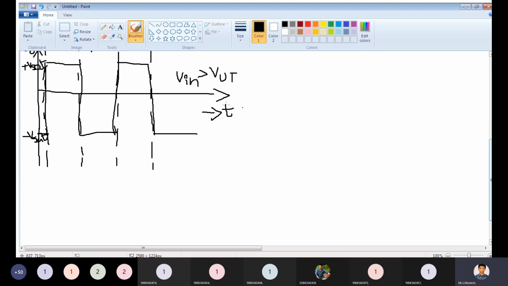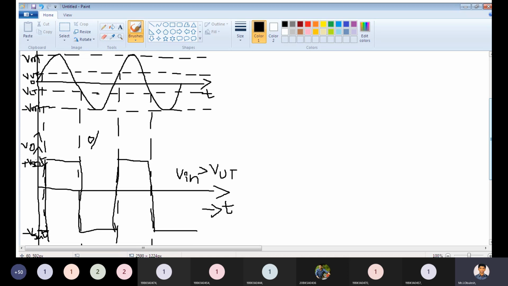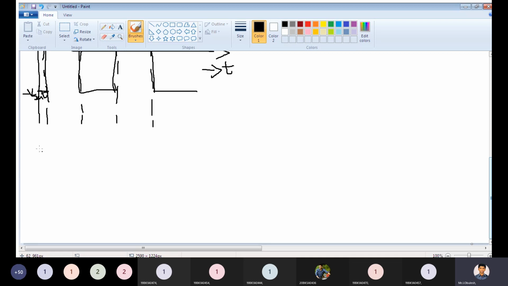If the V_in is less than V_LT, then you need to draw the diagram like this, but here the starting point is shifted to the positive side. In the first case it starts from minus V sat to positive V sat, but if the V_in is less than V_LT, it will start from positive V sat to minus V sat. You need to draw that also.